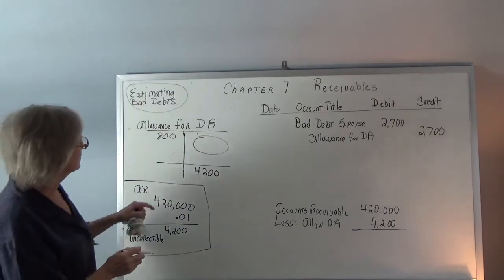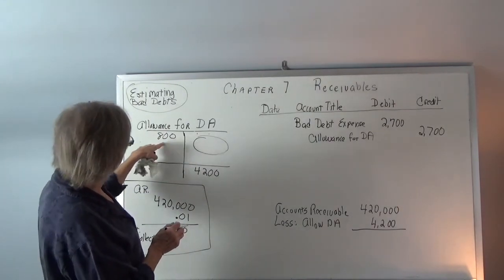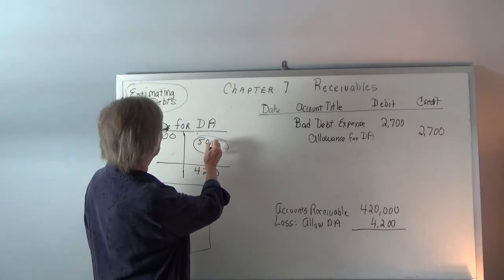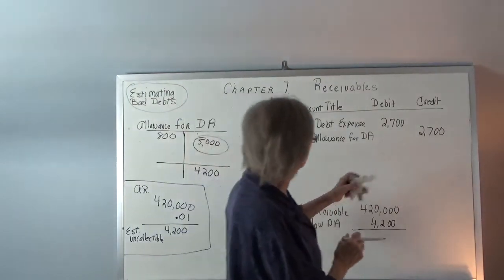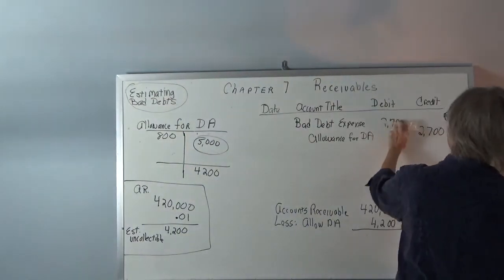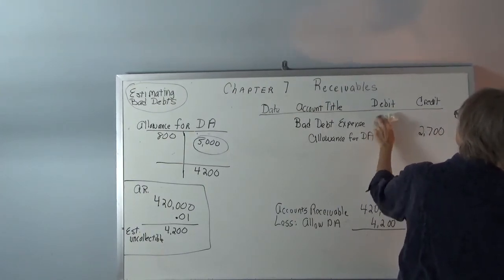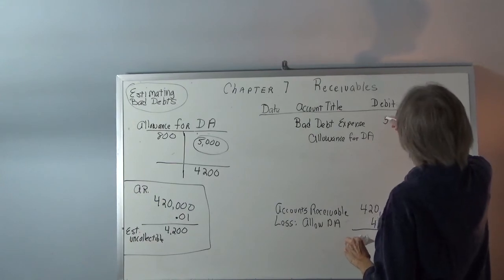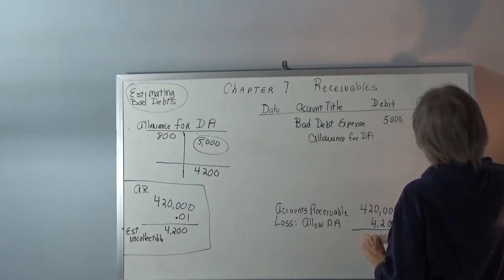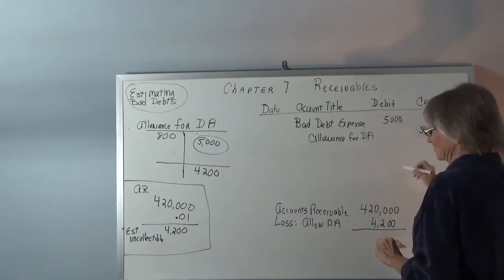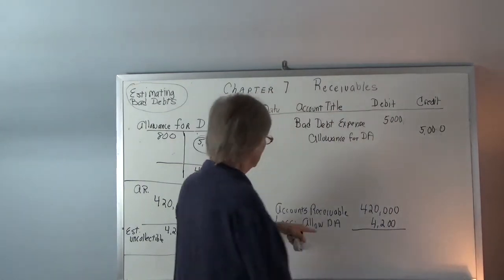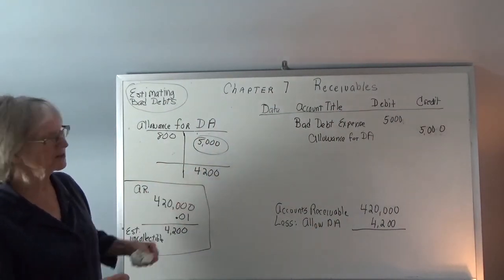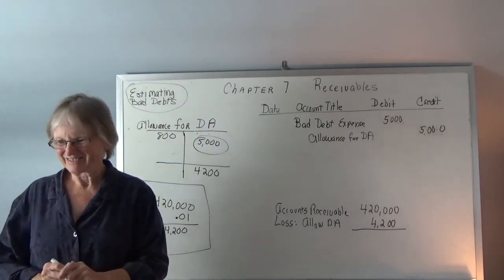In this case, you'd go 5,000 minus 800 would give you 4,200. So our journal entry in that case would be bad debt expense 5,000 and allowance for doubtful accounts 5,000, because your goal is to end up with this 4,200 ending balance in the allowance account.